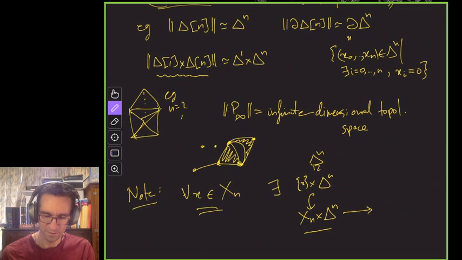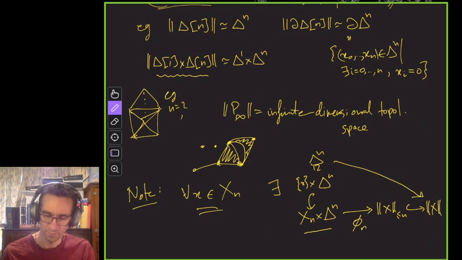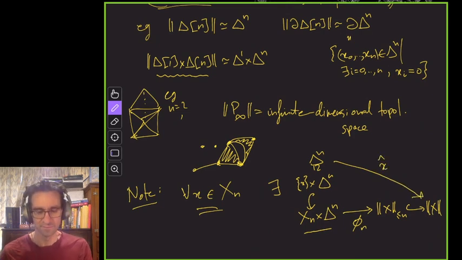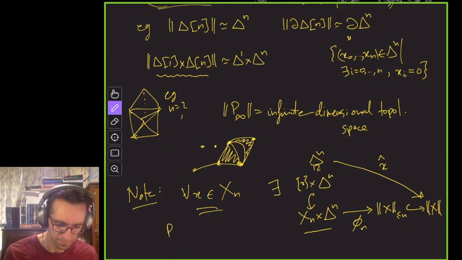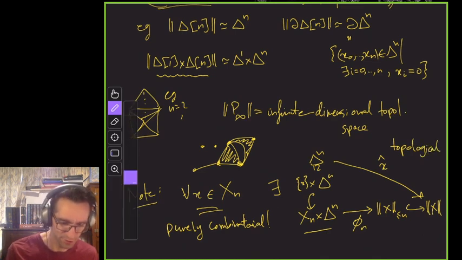Then, as part of the iterative construction of the geometric realization, I have this map phi n into the full geometric realization, and so I get a composite map which is continuous. I might call this x hat. So from the purely combinatorial data of an element of the set of n simplices in the delta set, I get an actual topological n simplex in the topological space.